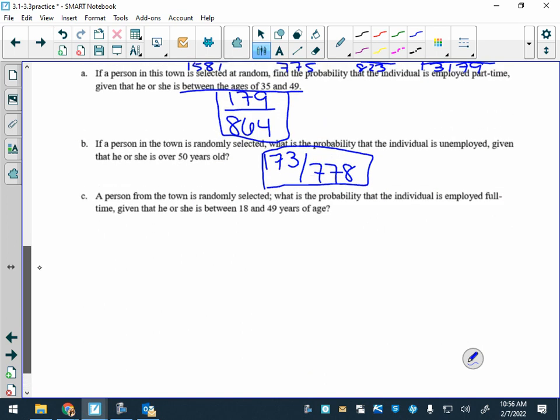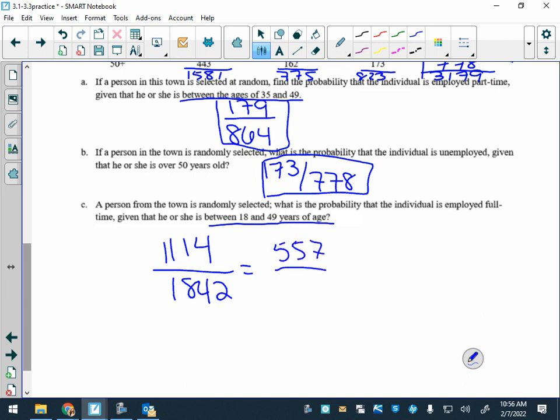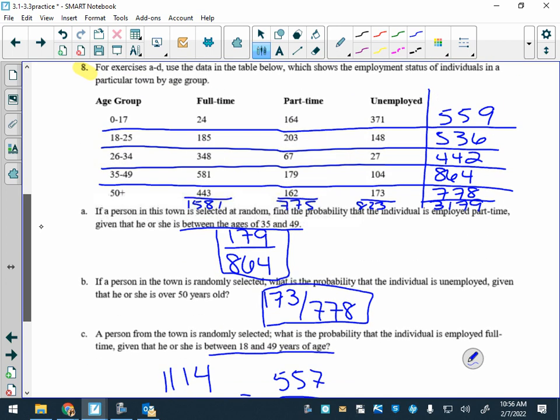Now we look at C. A person from the town is randomly selected. What is the probability that the individual is employed full-time given he or she is between 18 to 49 years old? Sam? Good. Okay, which reduces to, so in this particular problem, it's 18 to 49 years old.